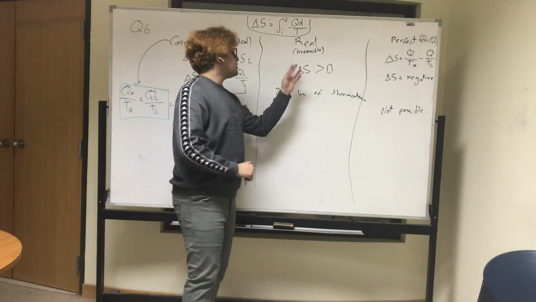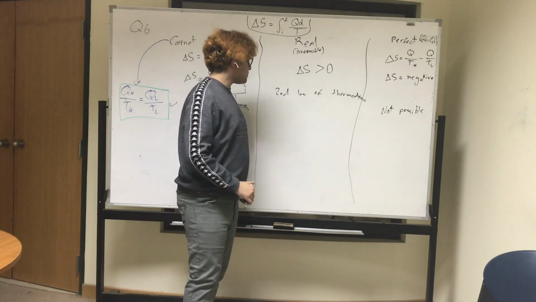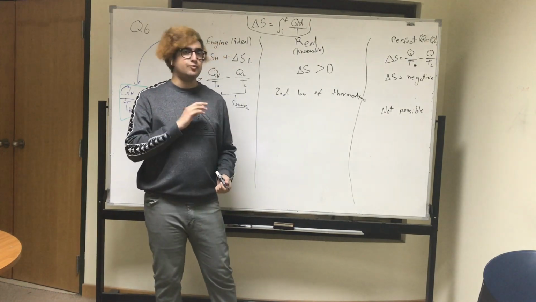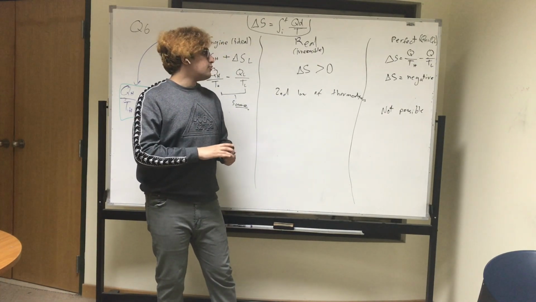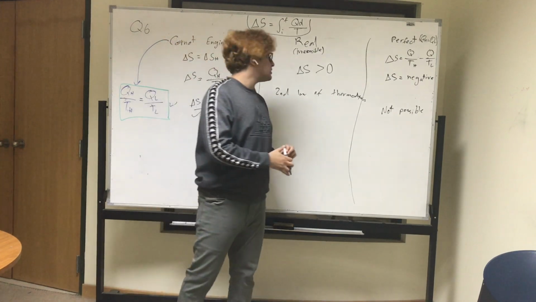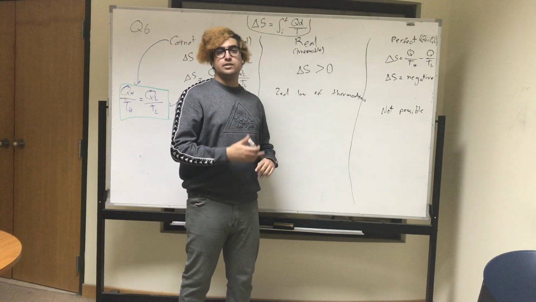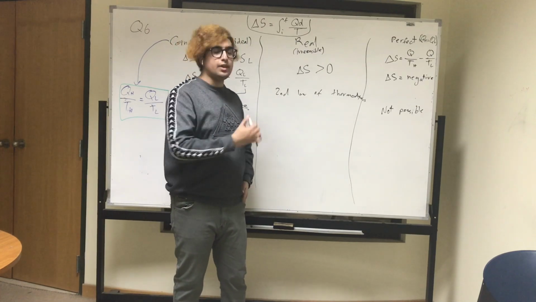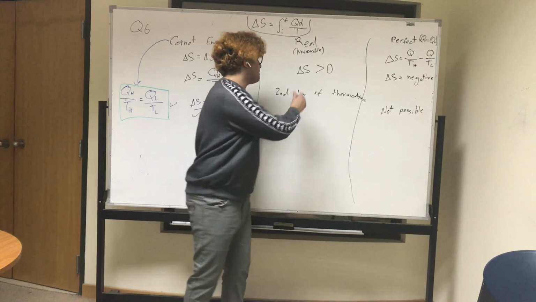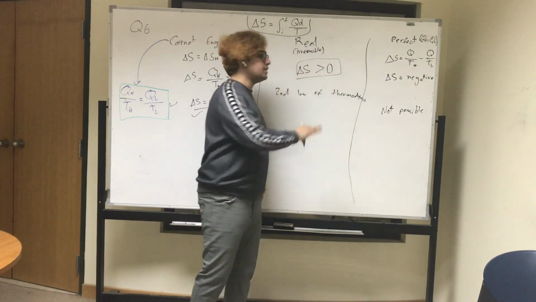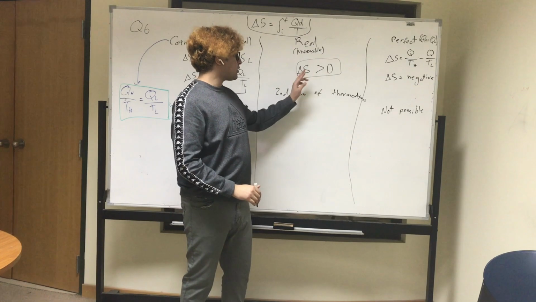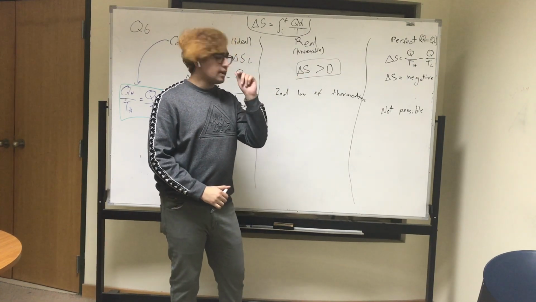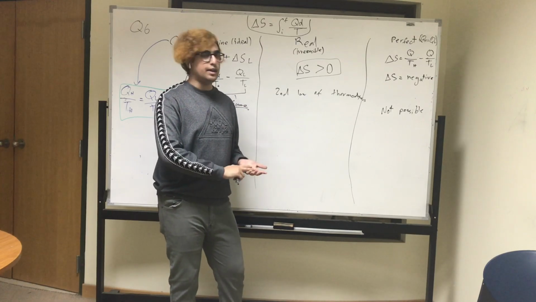Alright, so now let's go to the real engine example. The second law of thermodynamics says that for any reversible thermodynamic process, our change in entropy is equal to 0. But for any irreversible thermodynamic process, the change in entropy must be positive. It cannot be negative. So it's either 0 or positive. The statement of the second law can be rephrased as: change in entropy can never be negative.